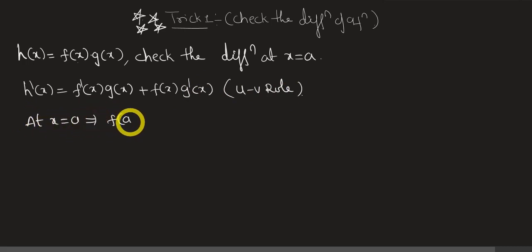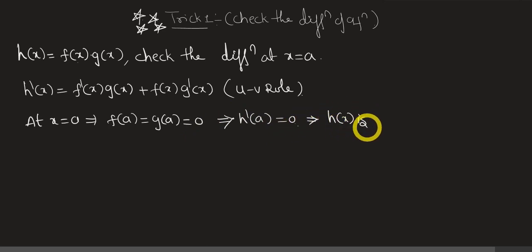If the f(a) value and the g(a) value are both equal to 0, then in that case h'(a) is becoming equal to 0. Now we know that if the derivative is equal to 0, it means the derivative is a defined quantity. If the derivative is a defined quantity, then the function is differentiable. Then h(x) is differentiable at x = a.